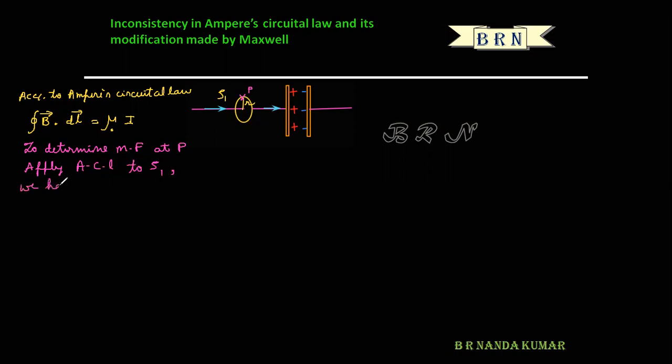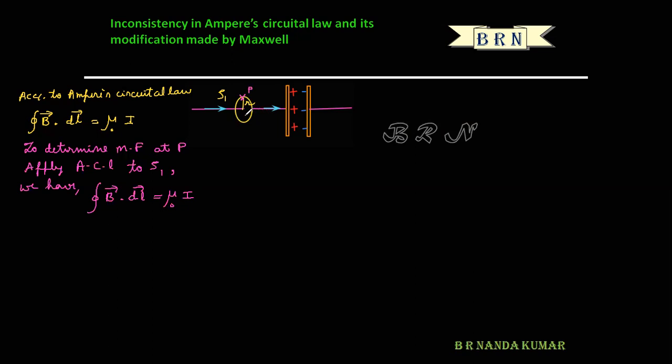We have the line integral of magnetic field around any closed circuit equal to mu naught times the net current passing through the closed circuit.